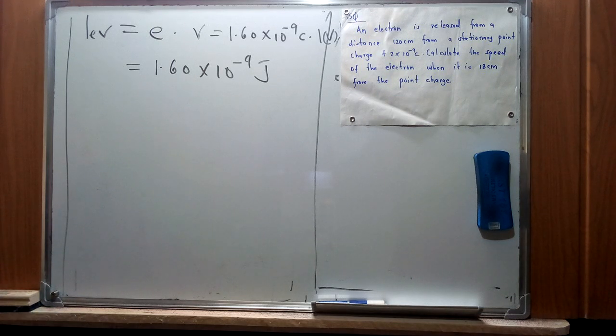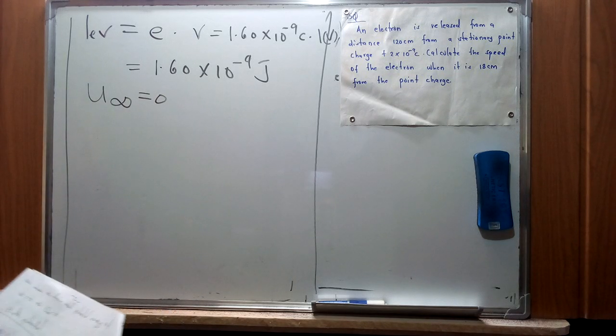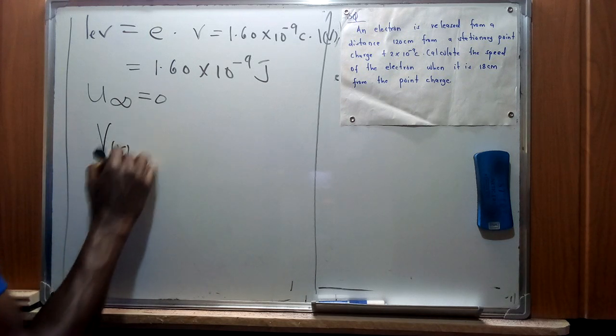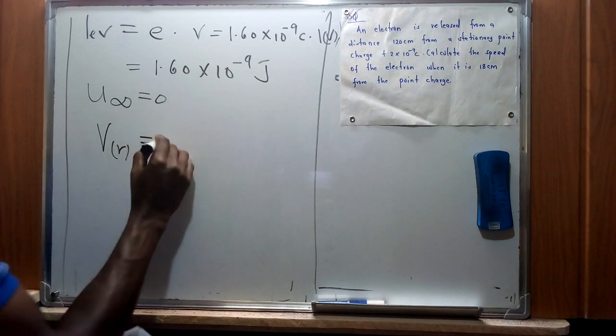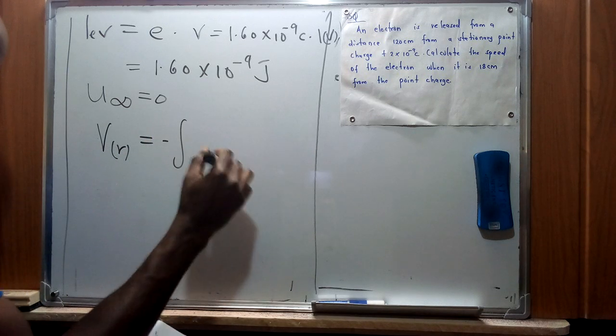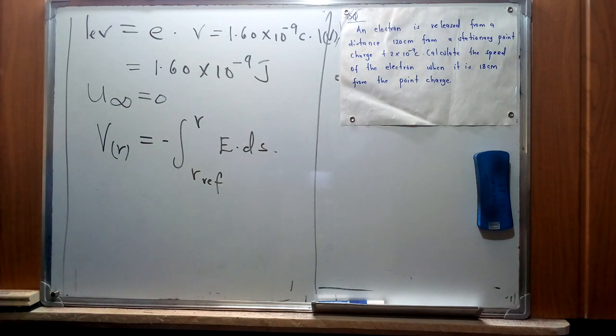As we said, the potential at infinity can be given as 0, so we can choose our point of reference and find a potential function for all points along the electric field where the electron is moving, whereby the potential at any specific point can be represented using the integral from our point of reference to point R of E ds.